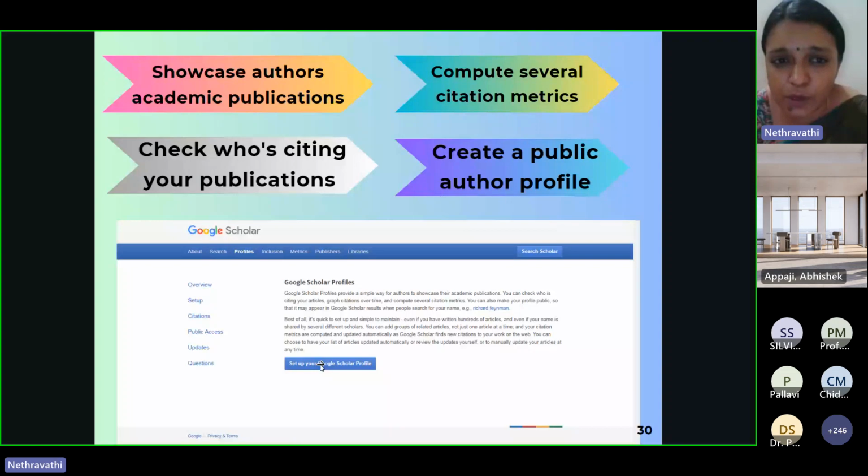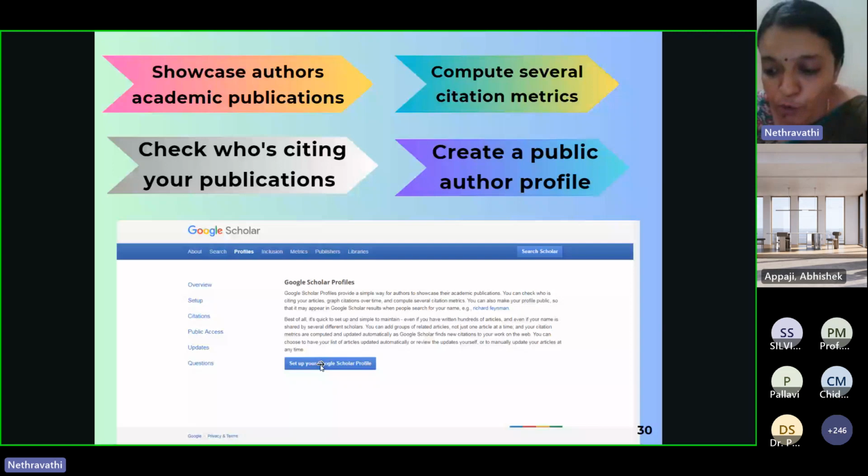But this is one of the most popular profile IDs, which most people will have. One more feature Google Scholar has is that if you want to follow any other researcher, you can do that, whereas in other IDs that is not possible.